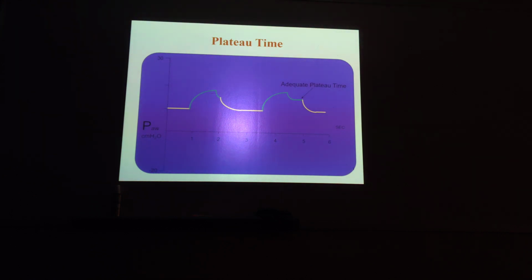Remember, airway resistance is PIP minus plateau divided by flow. So the bigger the margin between the two, the higher your airway resistance will be. So when you want to do plateau pressure, hold it long enough, but not more than 30 seconds.